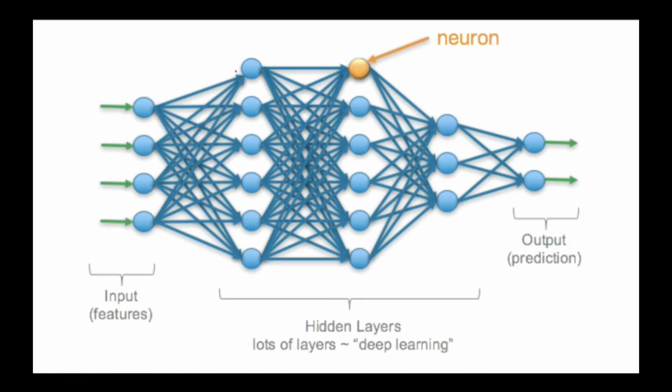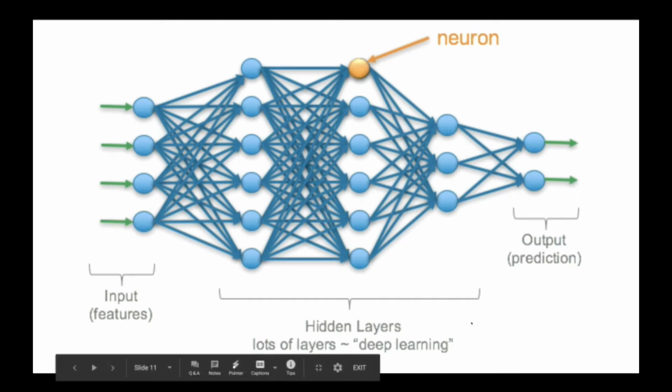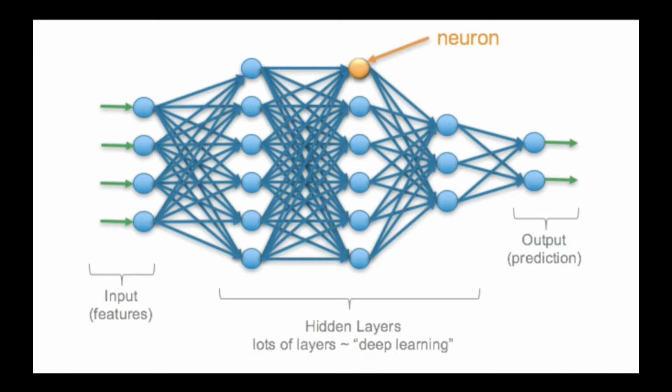Now, what is here? These are called hidden layers. And these layers are kind of analogous to the synapses in the brain.